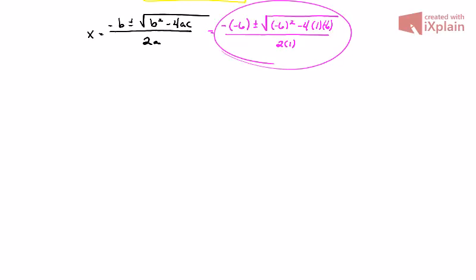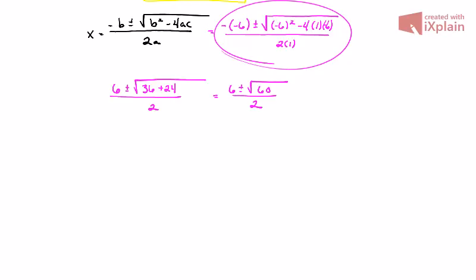A negative 6 is really just a 6, plus or minus the square root of negative 6 squared, which is 36. Negative 4 times positive 1 times negative 6 gives me positive 24, all over 2. This is going to give me 36 plus 24, so 6 plus or minus the square root of 60 all over 2.